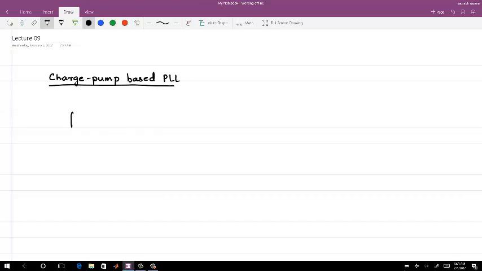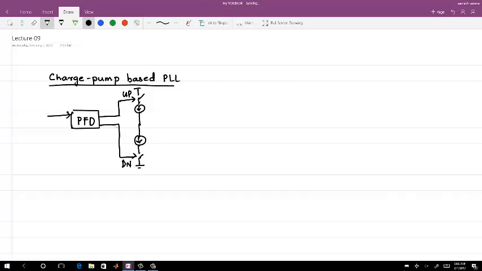So yesterday we had a PFD which gives me up and down signals, and then I used switched current sources to convert these pulse width modulated signals to a proportional voltage, like error, which is proportional to the phase and frequency error. This is the up signal, and this one was the down signal.